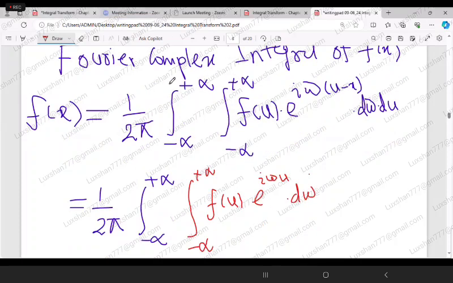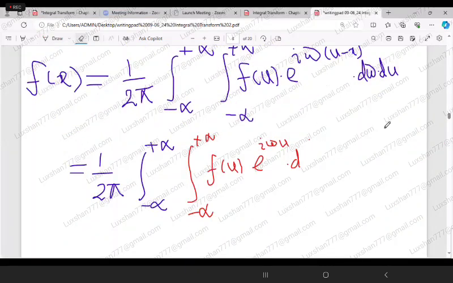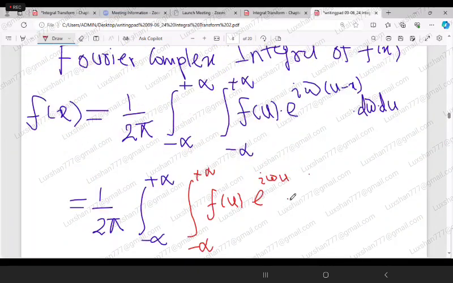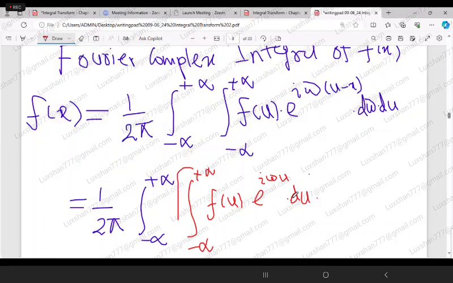Look at here. I don't want to change this one because both are minus infinity to plus infinity. Therefore, d omega first, du first. Let me put a bracket here.